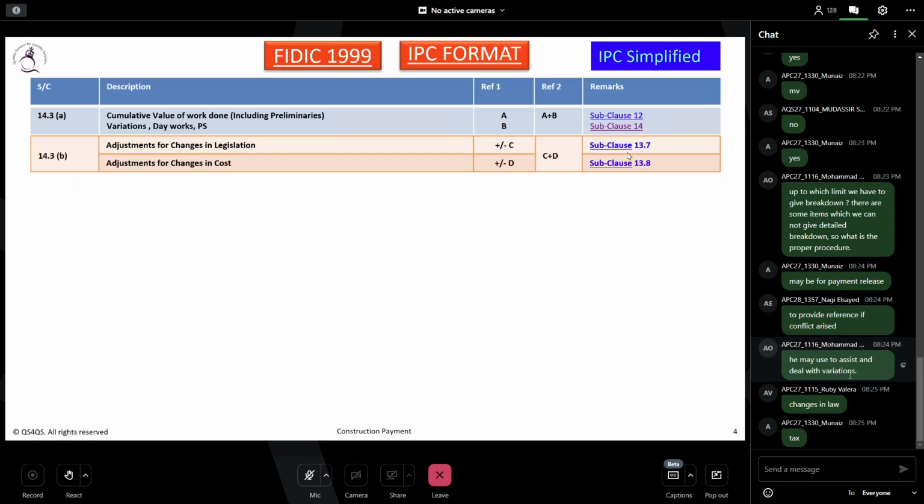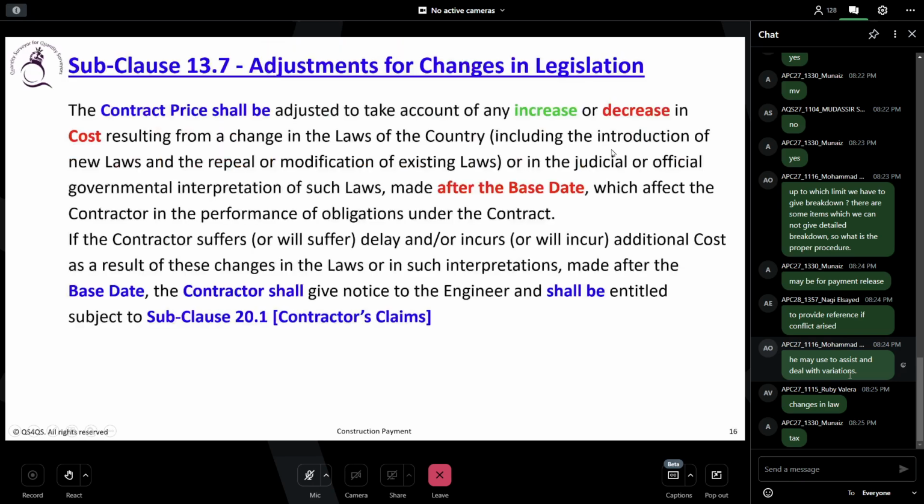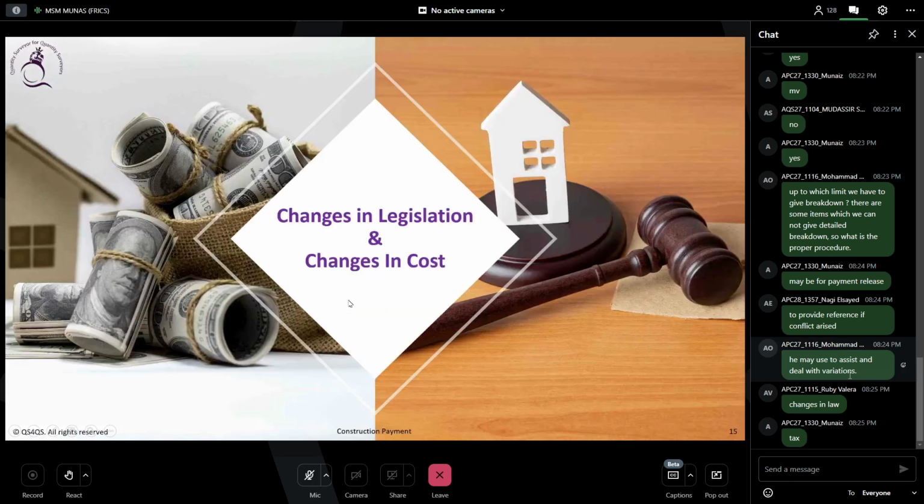Okay. So changes in legislation and changes in cost. So let us see the subclause and what it says. Now let's go to the changes in legislation. That and the cost we are going to discuss.